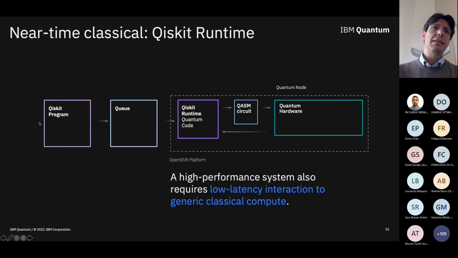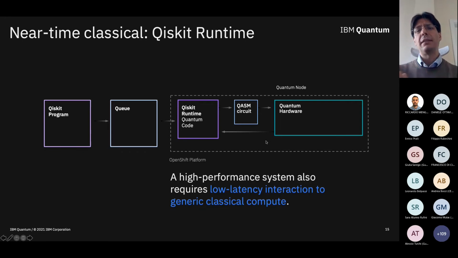So as you can see here, you do your Qiskit program on your laptop, on your computer, then the program enters the queue of the quantum system, and once it enters the queue, the Qiskit Runtime takes control of the algorithm. It sends the quantum circuit to the quantum hardware. Then it takes the result of the calculation, does the variation of the classical parameter, and then the computation returns.